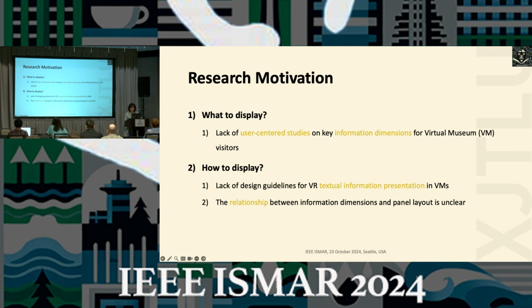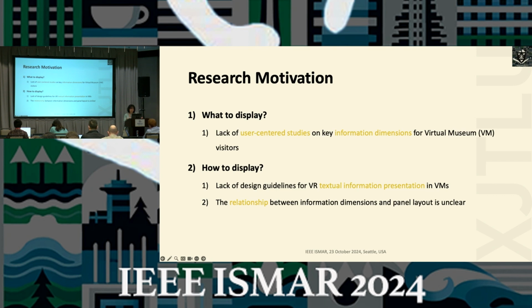Virtual museums are gaining popularity, and artifact information is crucial to exhibitions, while textual descriptions remain the traditional method. They are typically crafted by professionals following guidelines that overlook user-centered perspectives, failing to address users' needs, particularly in key information dimensions.